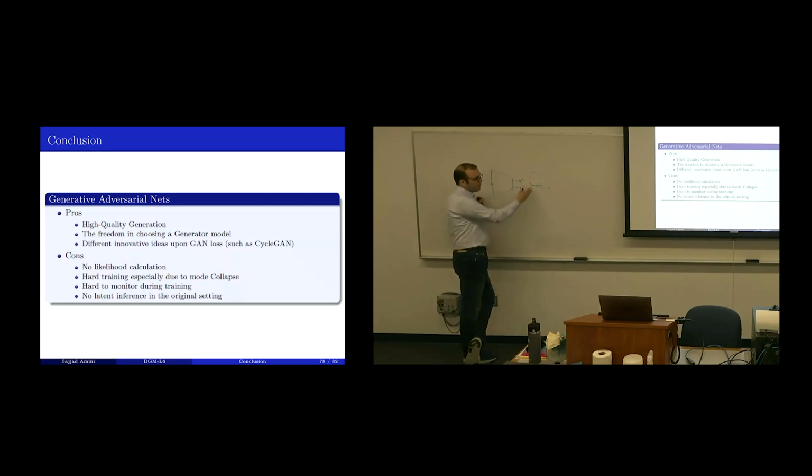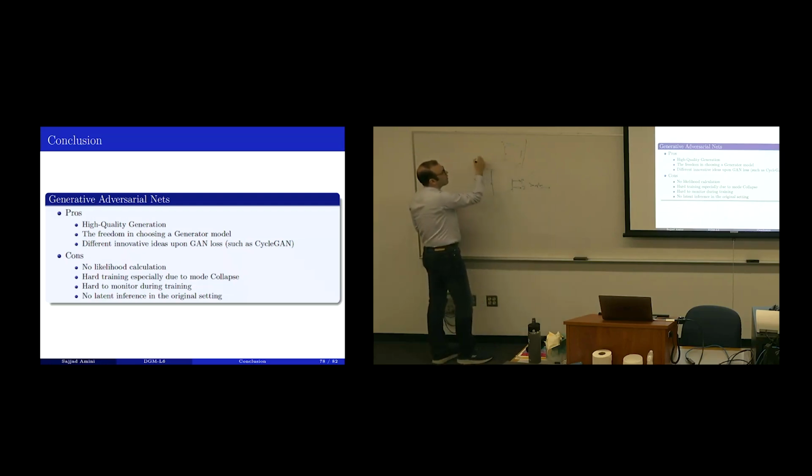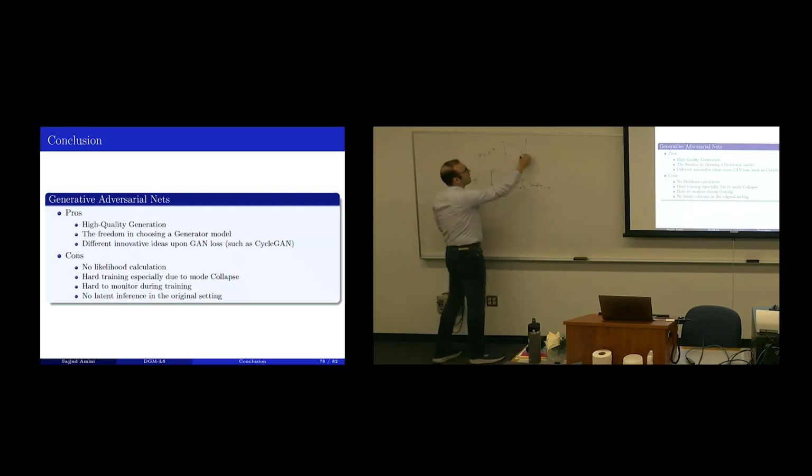This sampler has lots of problems. For example, reparameterization is just to handle this sampler. But here you have just one generator, and the generator is just constrained to input Z from R^n and output X from R^d.